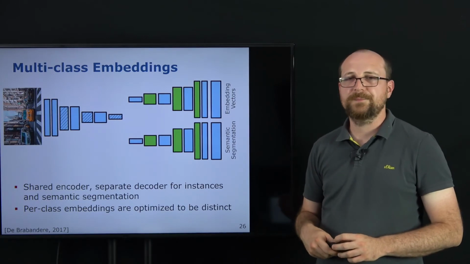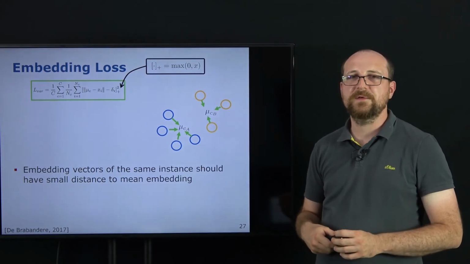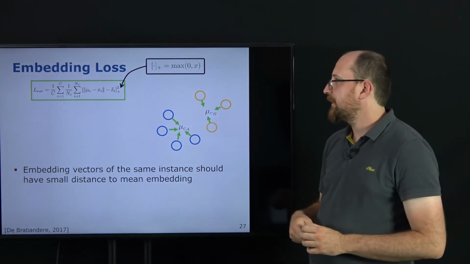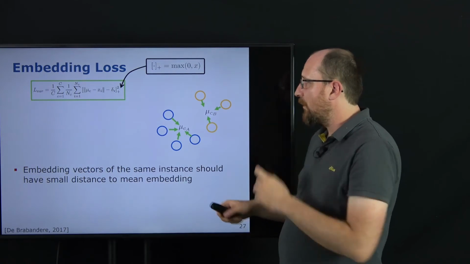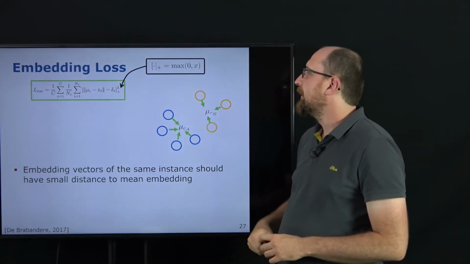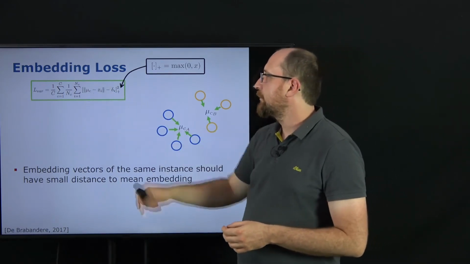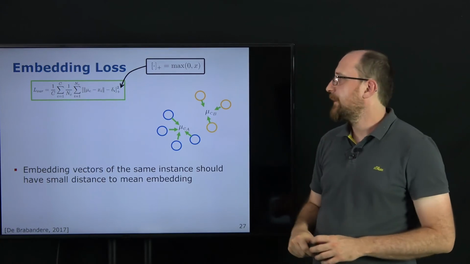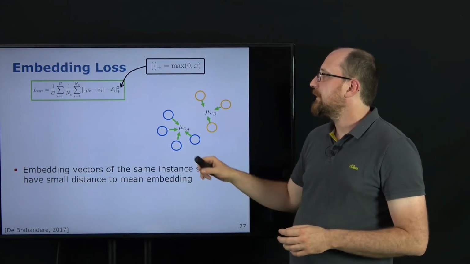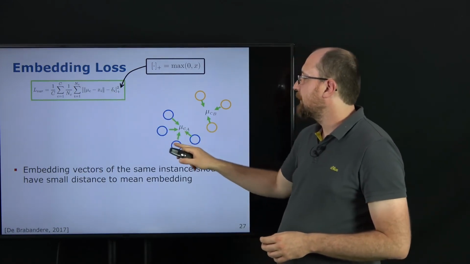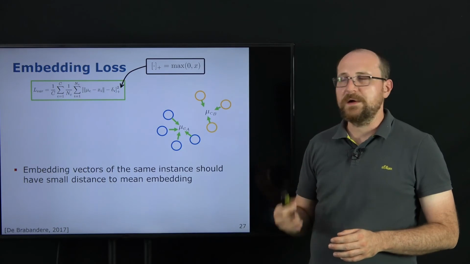And for the embedding loss, we are using the same idea as we had with CornerNet. We have here over all our classes, over all our instances, or over all pixels from this specific class, we want to have that all the embedding vectors x_i are close to the mean of the instance. And in this case, we want the distances of the individual pixel embedding vectors to be below a certain distance.